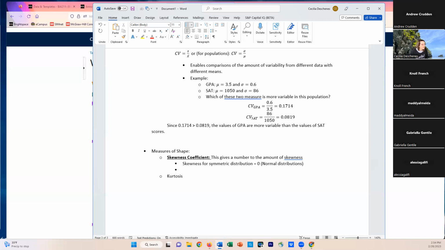Okay. Then if it's positively skewed, it has a positive skewness coefficient.